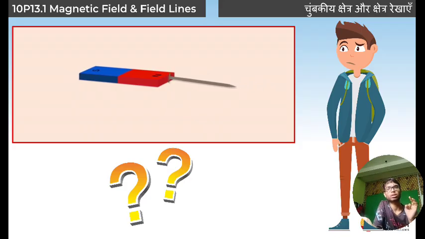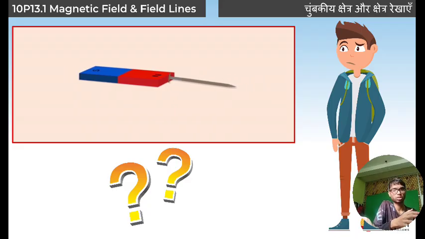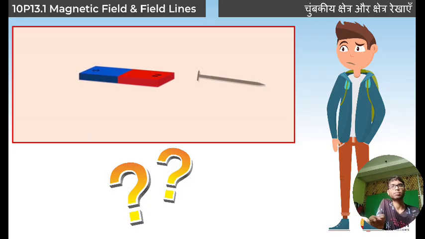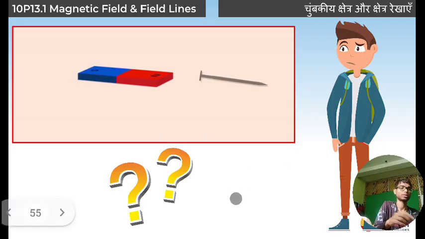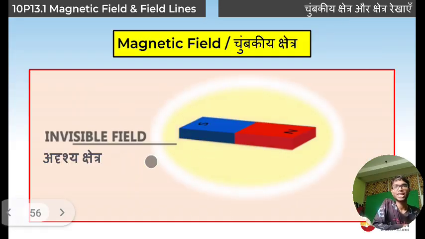Now, what is happening over here? As we put objects near each other, both attract. But if the distance is more, then both will not attract. So distance matters here. Here, the magnetic field is an invisible field.